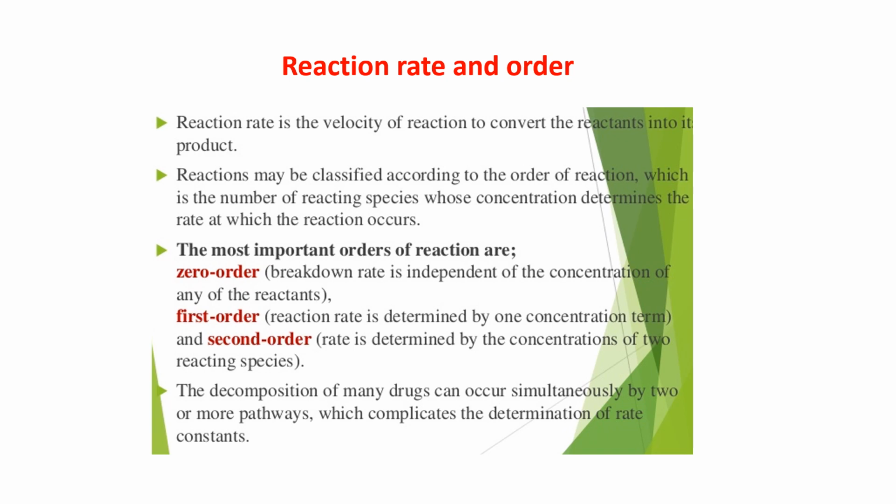It can be zero order, first order, second order, depending upon the overall order of the reaction. That is, we find the individual order of the reactants and then add them, which is the number of reacting species whose concentration determines the rate at which the reaction occurs.